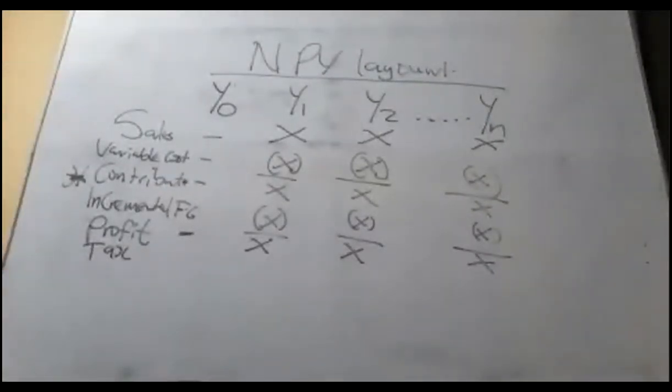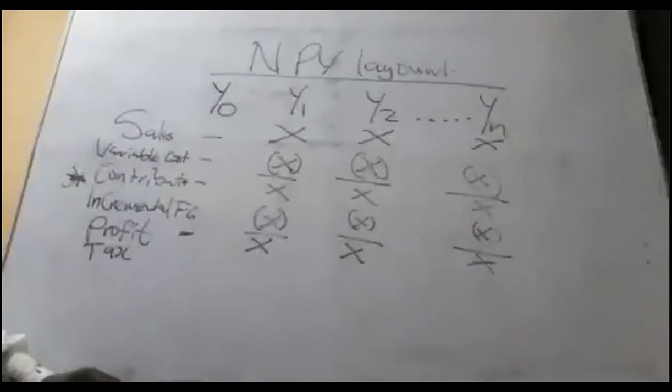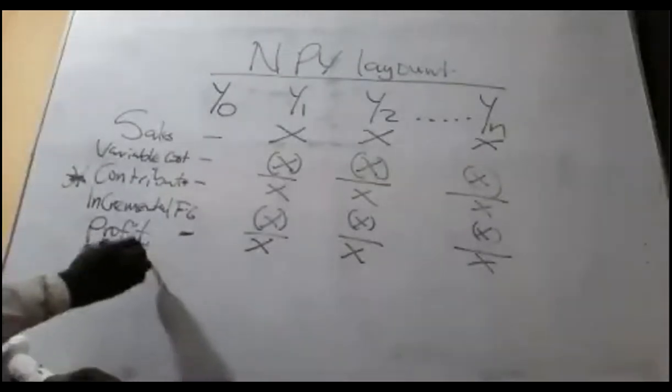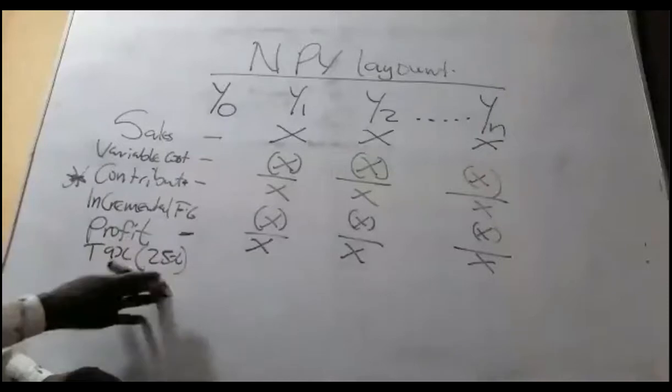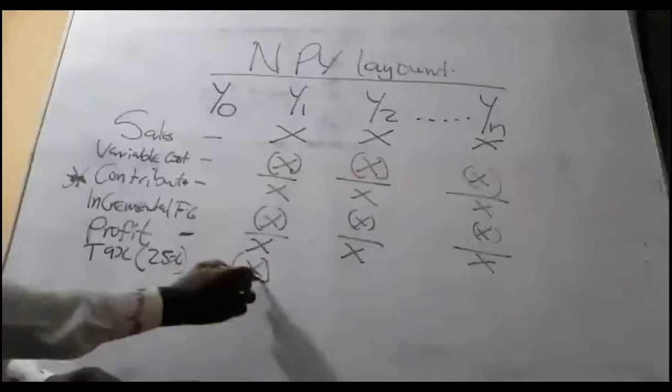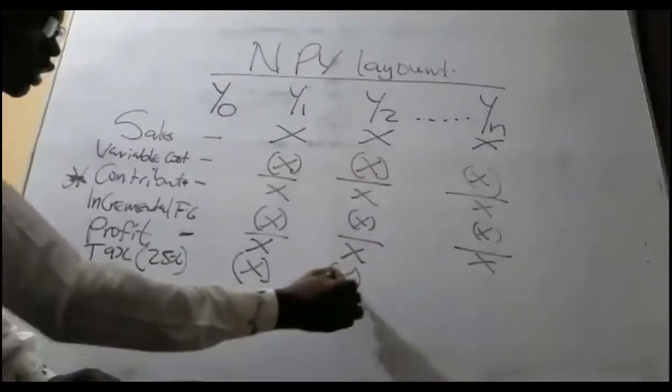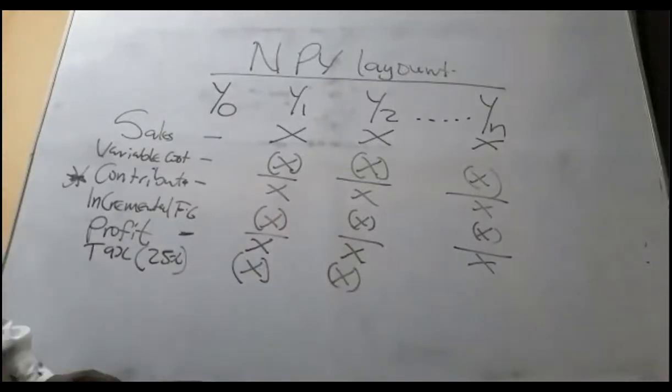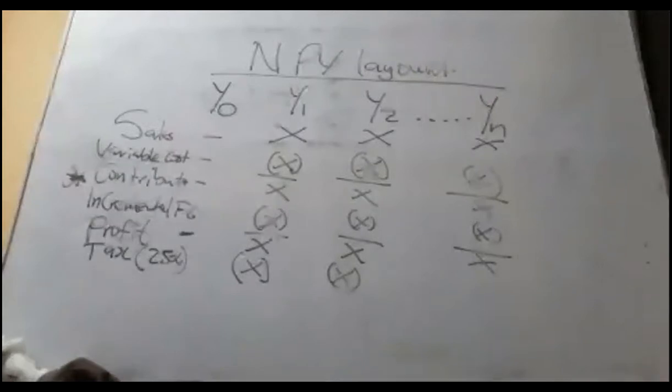Normally, if the company pays tax in the same year as the profit arises, the tax must be in the same year. Now let's assume the tax will be 25%. We calculate 25% on this figure. If we pay in the same year, put it there in brackets. But make sure that it is positive, because we don't pay tax on loss. We pay tax on income.